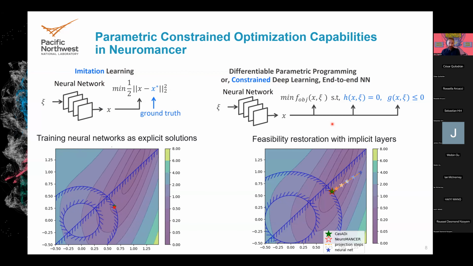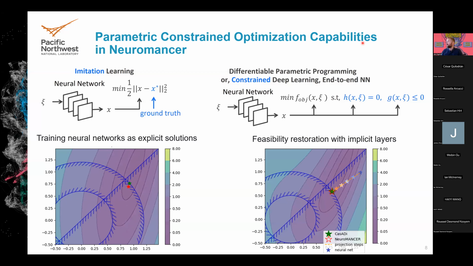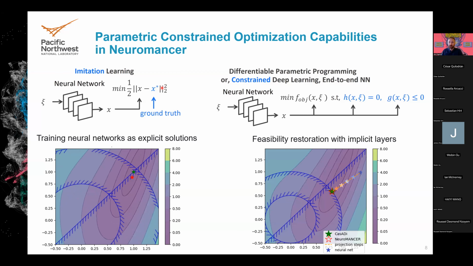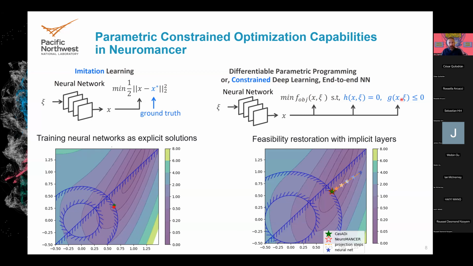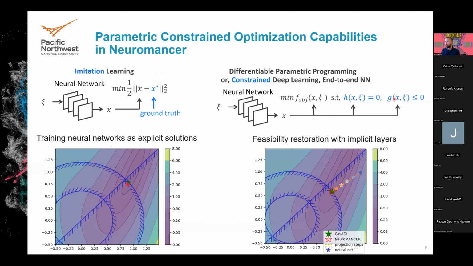Therefore, an alternative approach is self-supervised, or so-called constrained deep learning, or end-to-end deep learning, where instead of having ground truth labels from the solvers, you are going to differentiate your optimization problem itself. So you will have the knowledge of your objective functions, equality and inequality constraints, for which you can compute gradients. So a very similar idea to what was behind physics-informed neural networks.